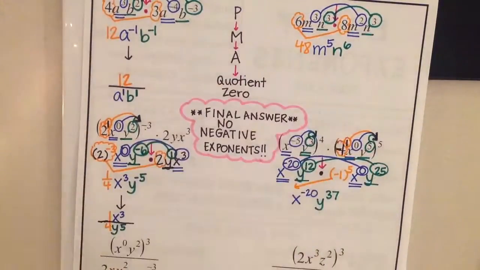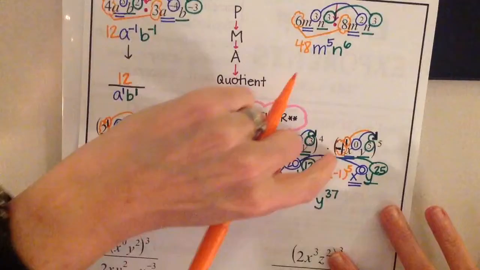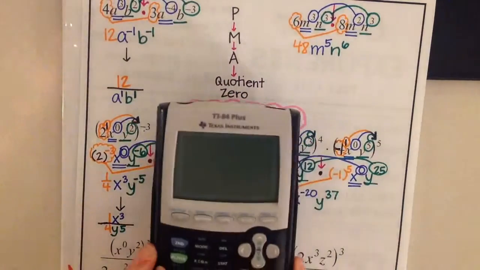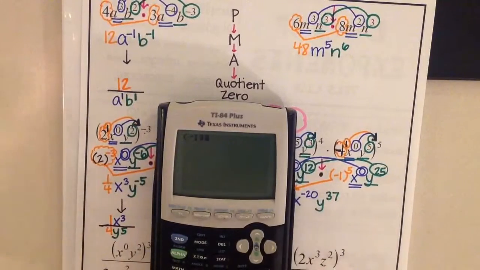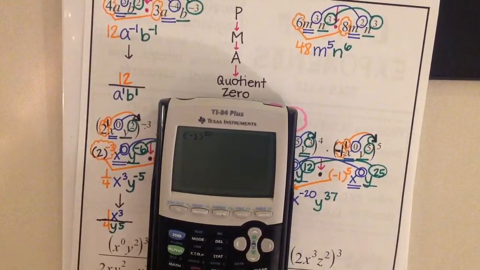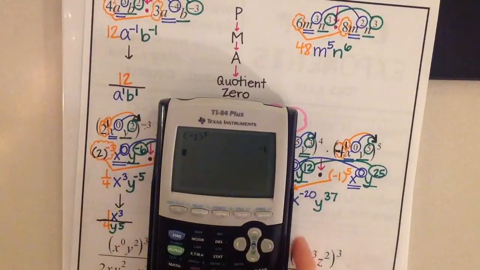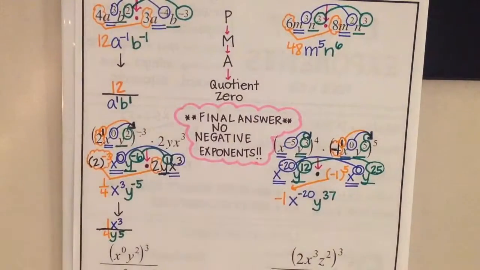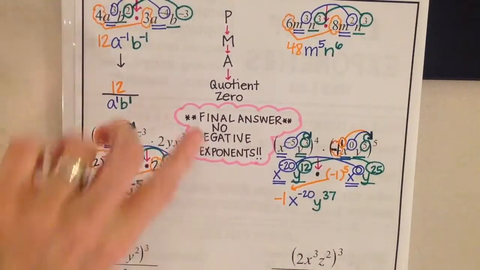And if I had all the x's and y's go away, I would only be left with a -1 in parentheses to the power of 5. So I'm just going to type that in my calculator. I've got a base of -1 in parentheses, and I'm going to raise that to a power of 5, and I got an answer of -1.